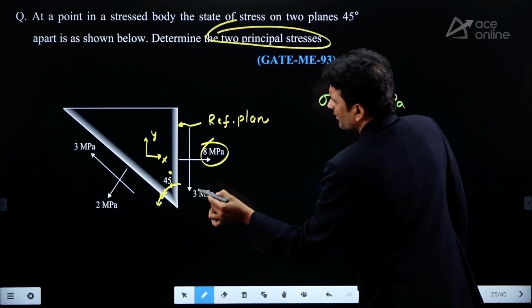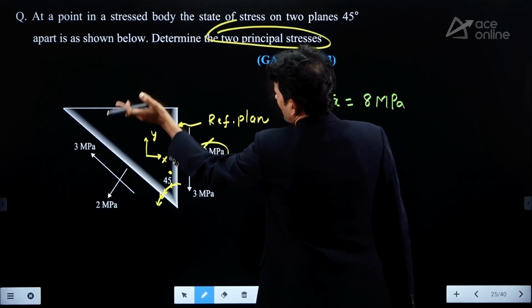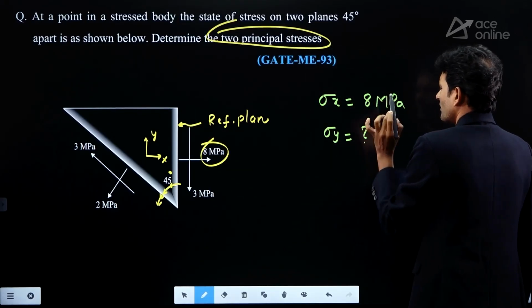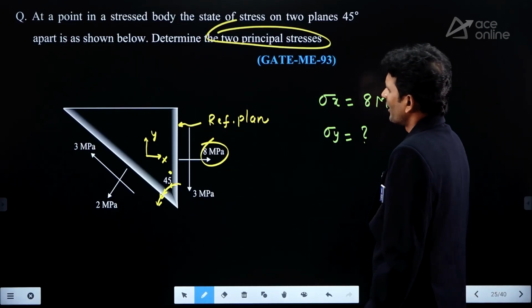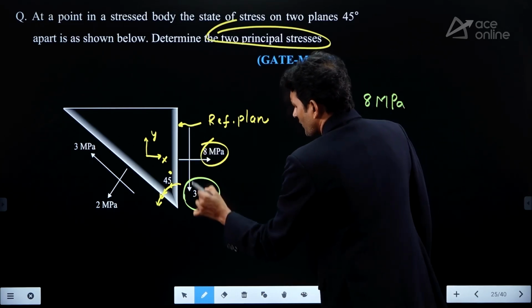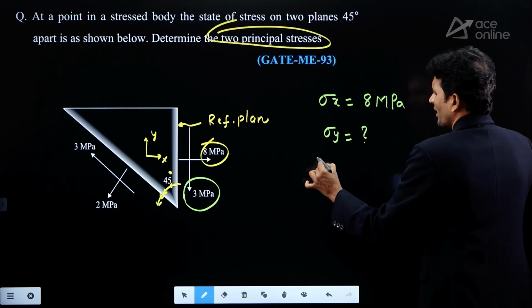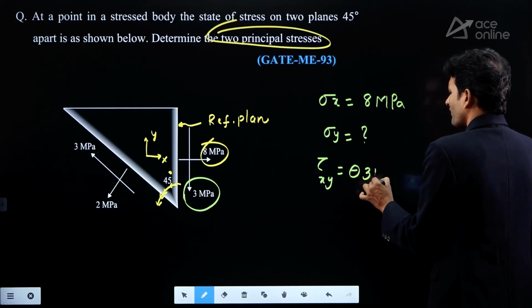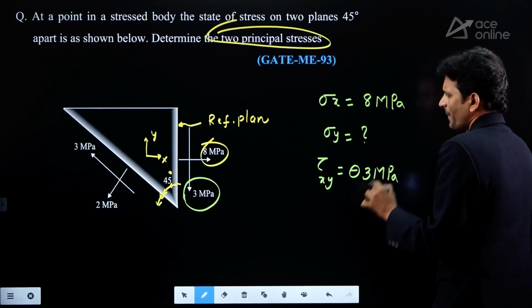Sigma y we need to find out, because whether it is there or not we can check it before calculating the 2 principal stresses. Tau xy is given. On this face tau xy is in the downward direction. As per our sign convention, this is a minus value.